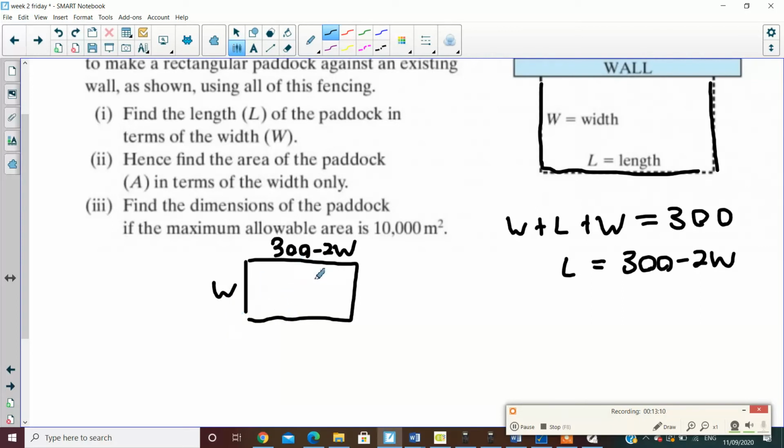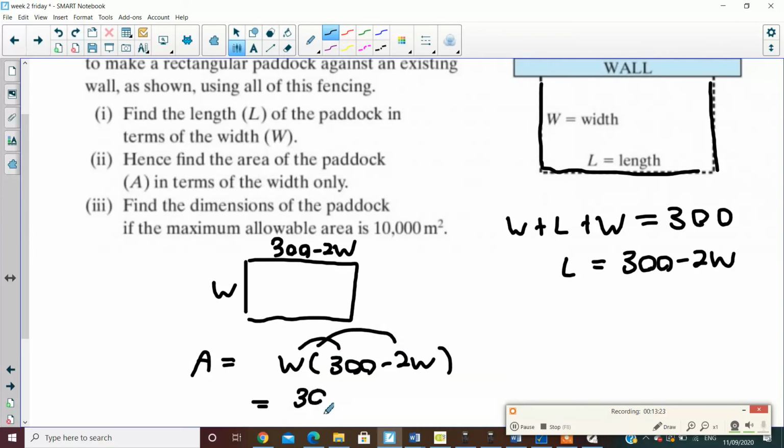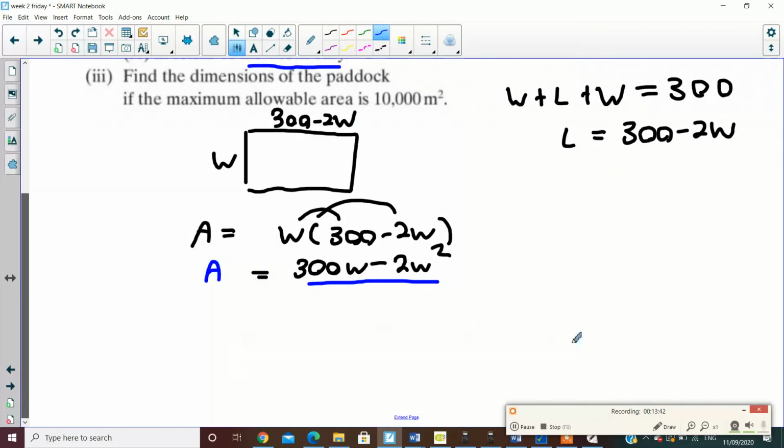To find the area, you just multiply your length by your width. And your area should be 300W, take away 2W squared. Width only means you don't have any L's in your answer, you only have W's. The area is 10,000, sorry.